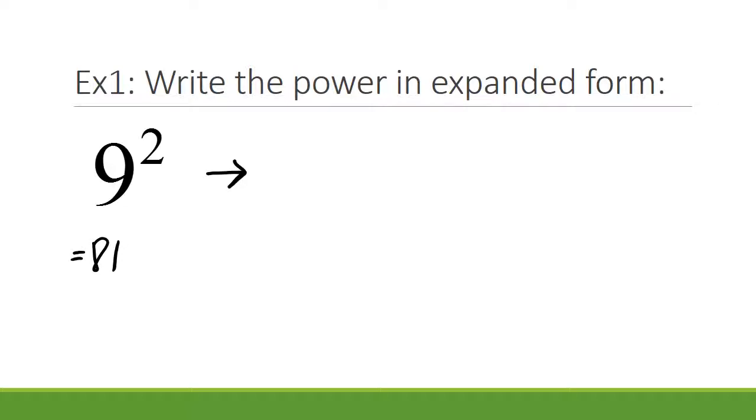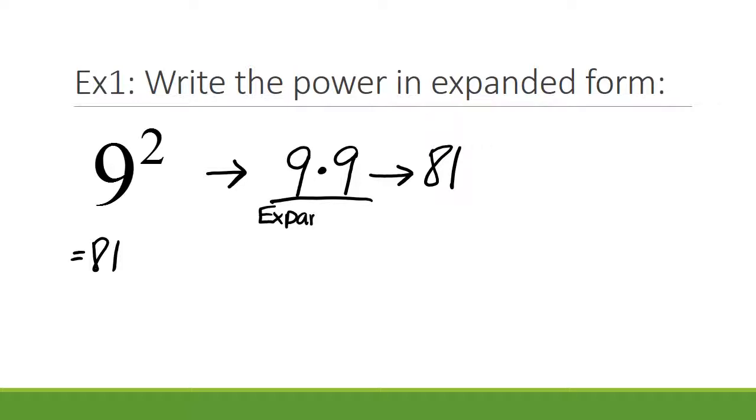But if I want to write it in expanded form, where does that 81 come from? It means that we have 9 being multiplied twice by itself. That is what actually leads us to the value of 81. So this right here is expanded form. So you'll want to label that.